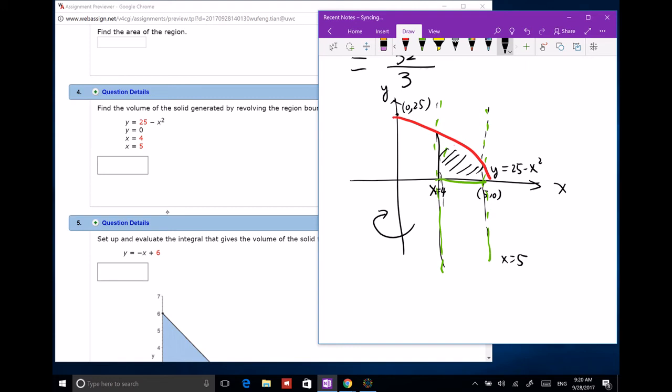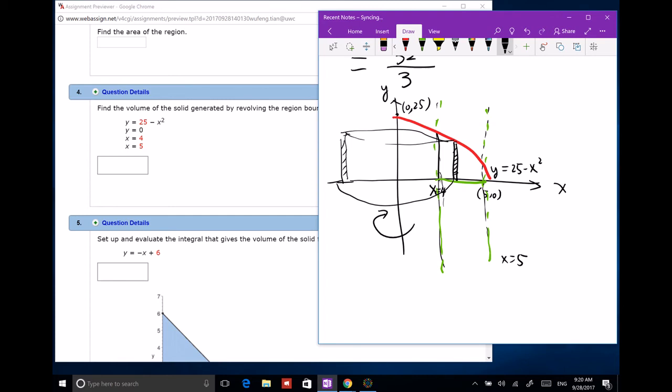I think it's easier for us to use the shell method, because when you revolve this, you go to another part. Right, we use the shell method.